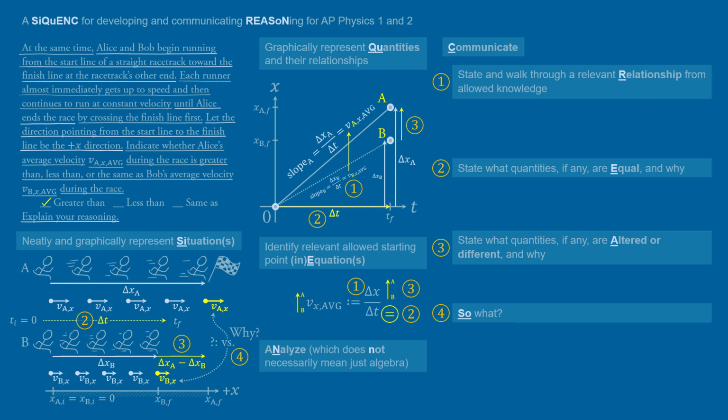On the graph of position versus time, we draw a circled 4 near the up arrow representing the conclusion that the steeper slope belonging to Alice's graph corresponds to her having a greater average velocity. And near the equation defining average velocity, we draw another circled 4 near the up arrow annotating the average velocity. Each of these 3 labeled features represents that Alice's average velocity is greater than Bob's average velocity.